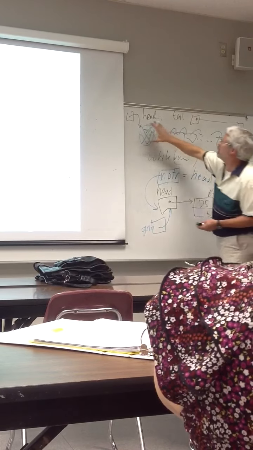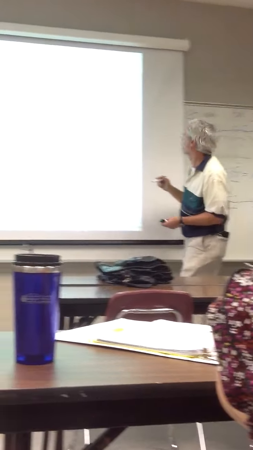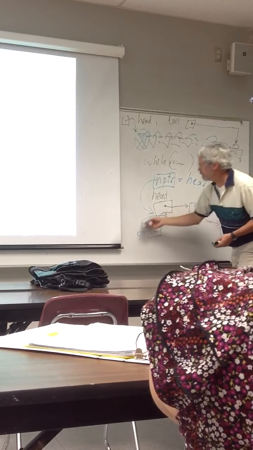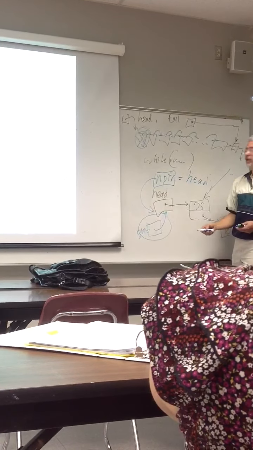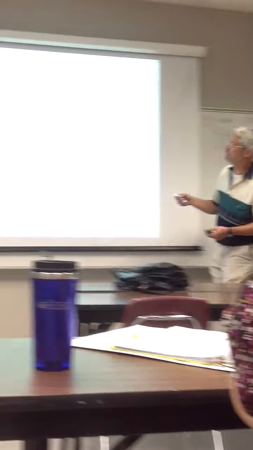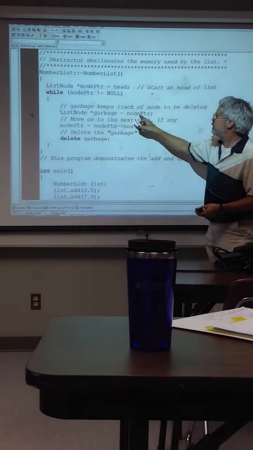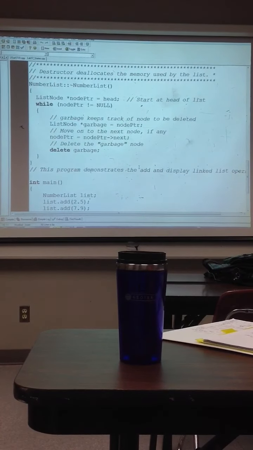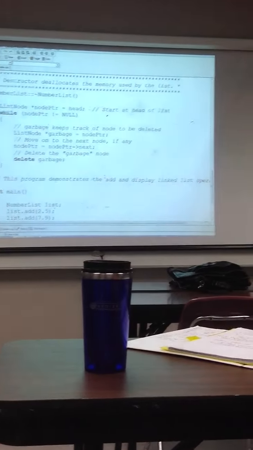So he's saying if you want to delete this first node, set garbage to point to the first node, and then delete what garbage points to. And then I'll still have the pointer to the next thing. So he says, set garbage equal to the node pointer, then set the node pointer to what follows next.